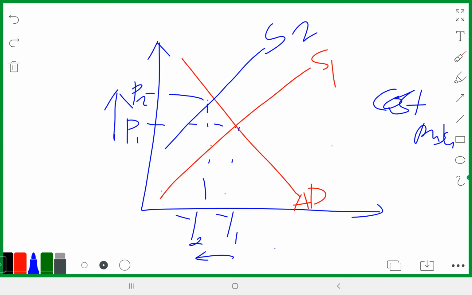Now, what are some of the causes of cost push inflation? The main sources, right? Of course, we have talked about the umbrella, which is the increase in the cost of production.